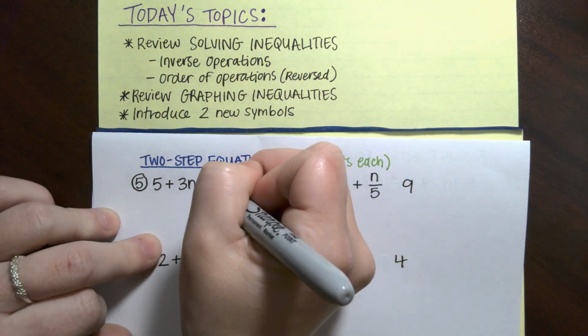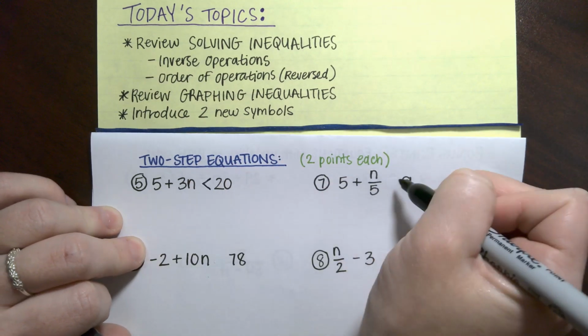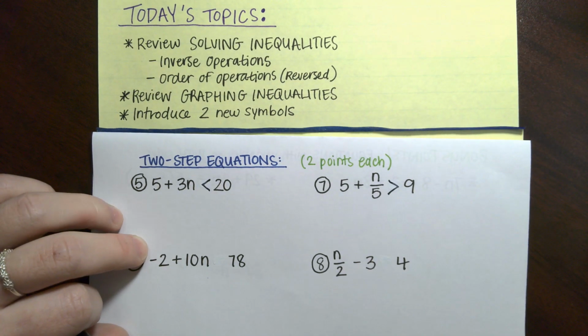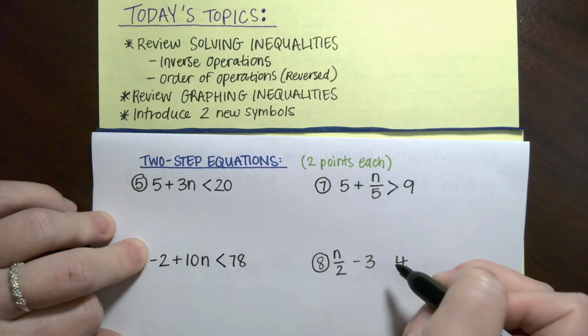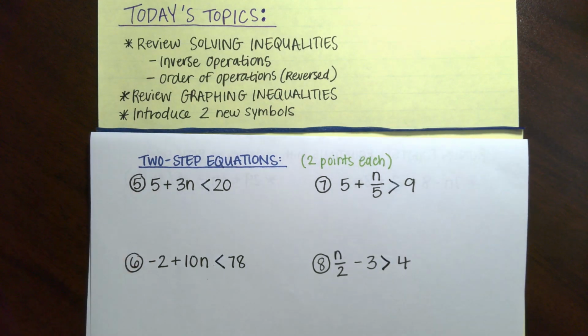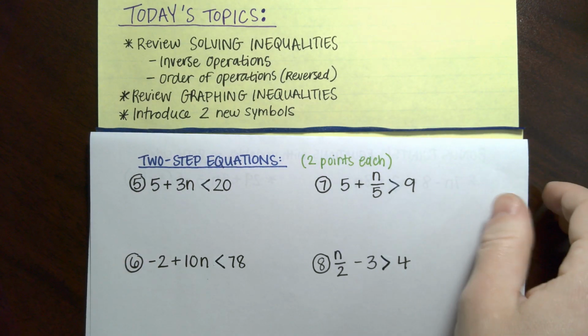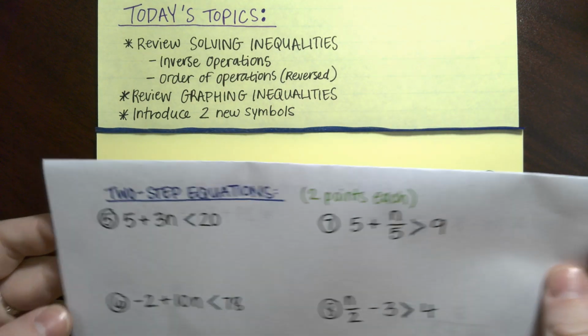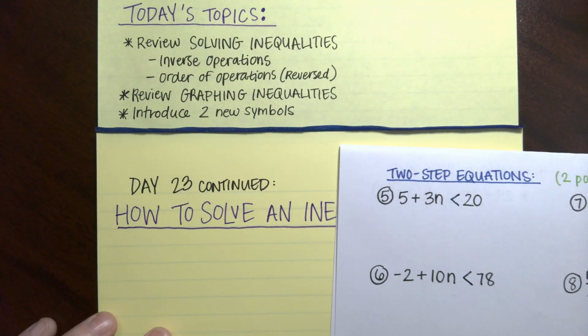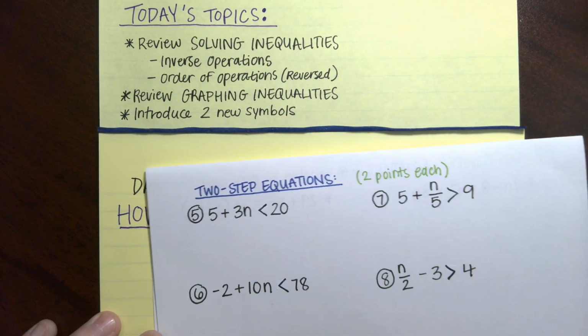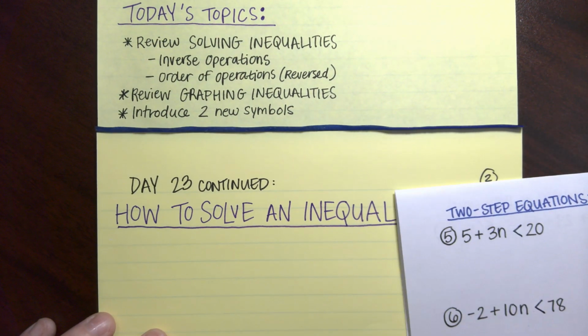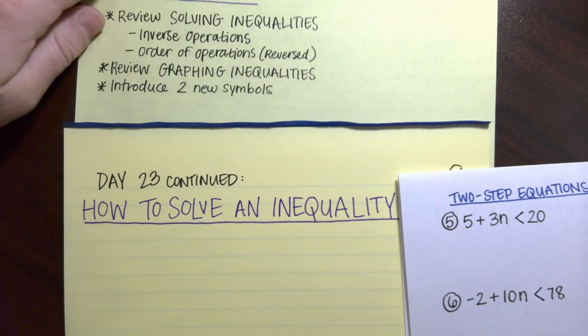We'll make this one less, this one greater, this one less, this one greater. This is what we're doing? Yes. So I'm just having these to the side and I'll write them as we go. So I'm just kind of showing you what I'm doing. So how to solve an inequality.